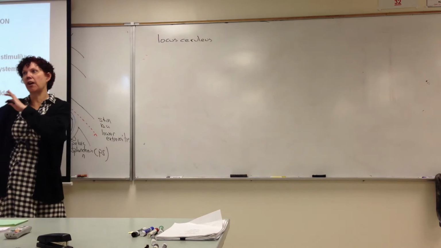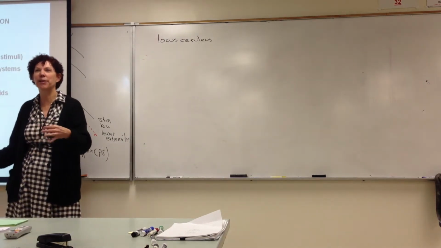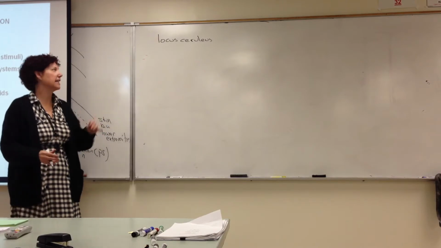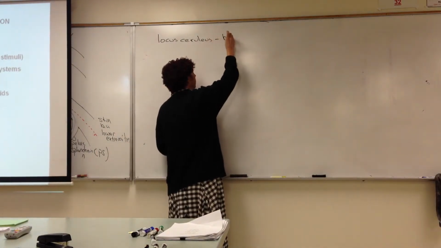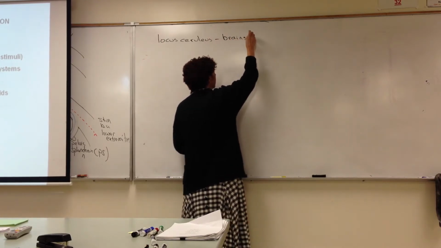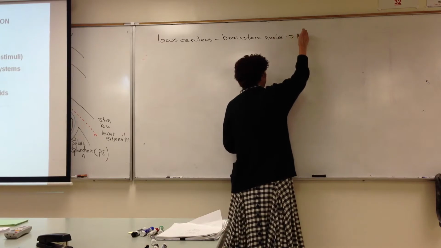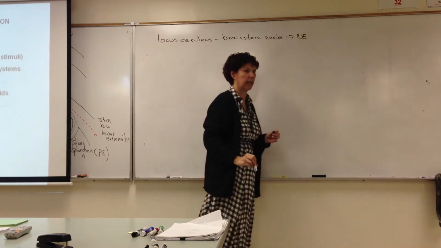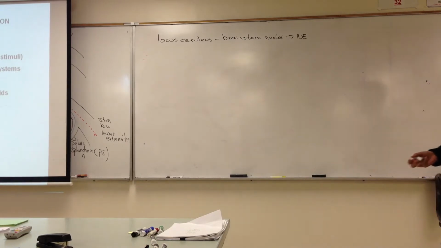So in addition to our sympathetic, our thoracolumbar, lateral gray horn region, I wanted you to recognize locus ceruleus as a brainstem group of cell bodies that release norepinephrine.